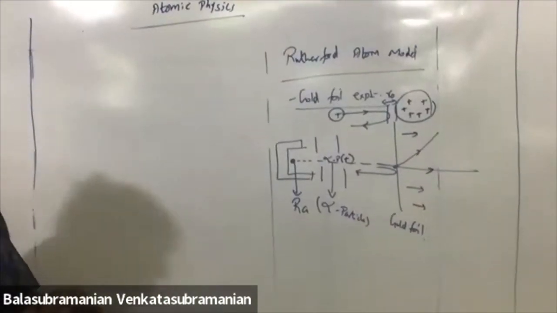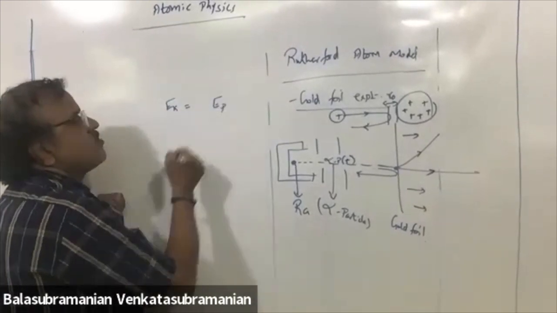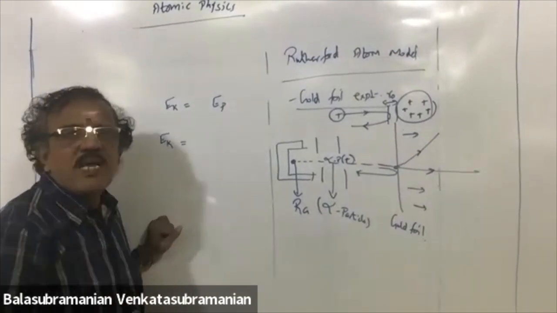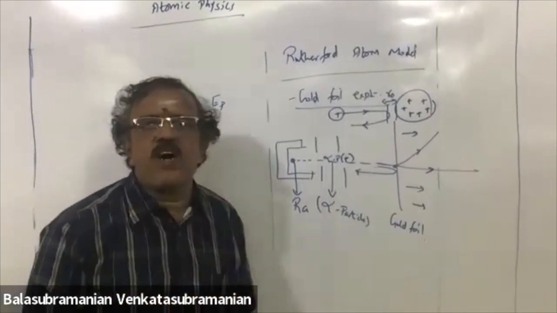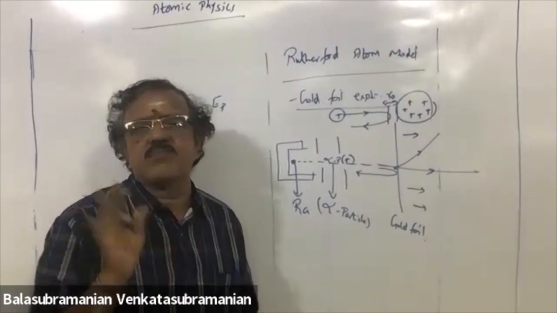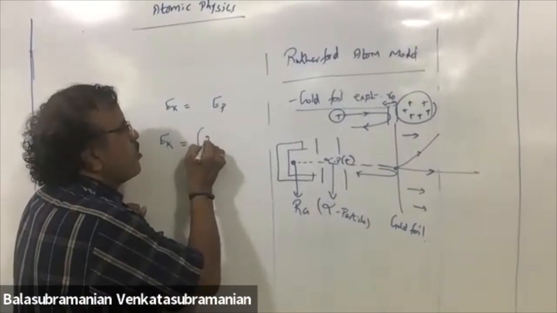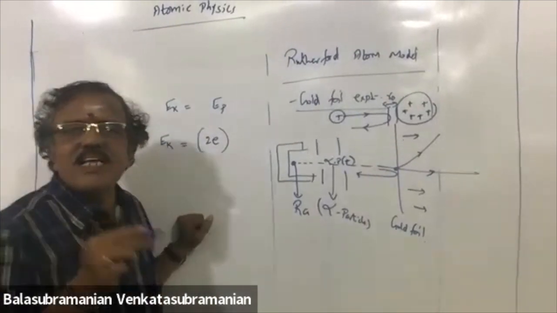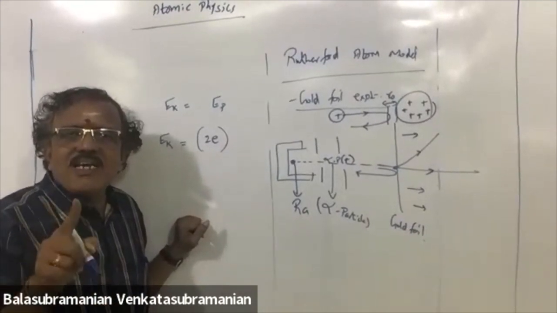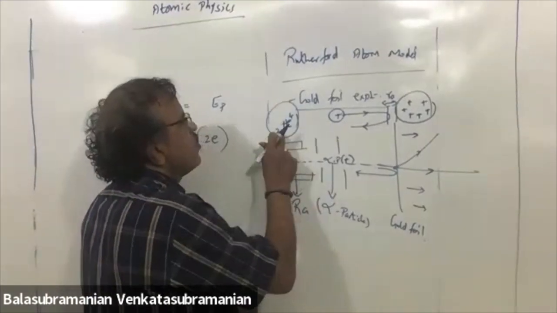What do we have? EK is equal to EP. EK is equal to half mv square. The electric potential energy formula is Q1 Q2 by 4 pi epsilon naught R. Q1 is the alpha particle, 2e. Actually Q is Ne, and in the case of the alpha particle, helium 2He4, so 2 is the atomic number.